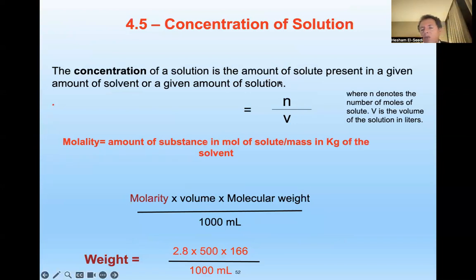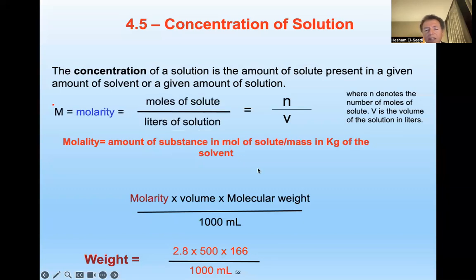And this will equal n divided by V, where n is the number of moles of solute, and V is the volume of the solution in liters, right? So this is the equation, and the molarity is the amount of solute in moles. So the molarity will equal the moles of solute divided by liters of the solution.